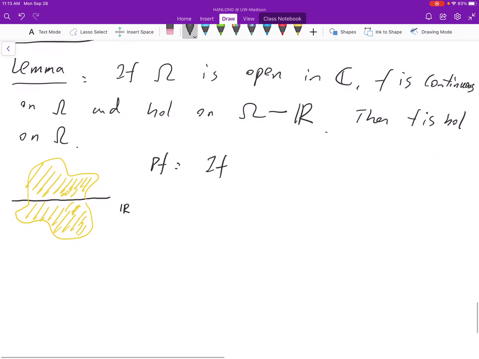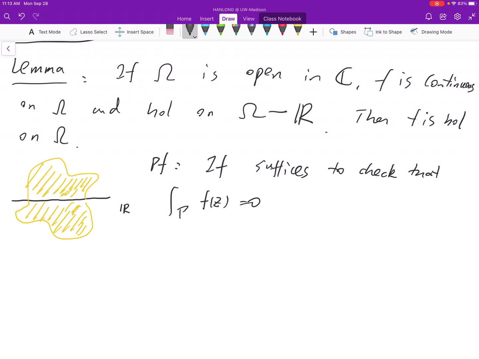Morera's theorem enables us to get rid of the complicated situation. So it suffices to check that the line integral is 0, where gamma is the boundary of a rectangle.